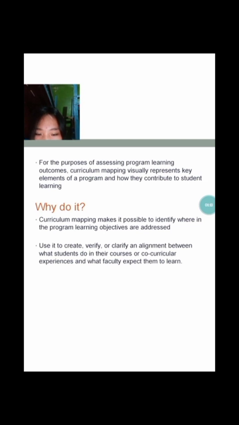It is used to create, verify, or clarify an alignment between what students do in their courses or co-curricular experiences and what faculty expect them to learn. And it helps to identify the gaps and opportunities for assessment.